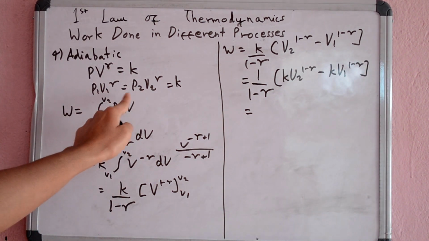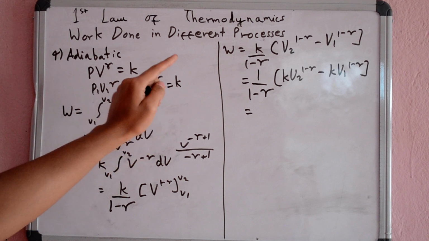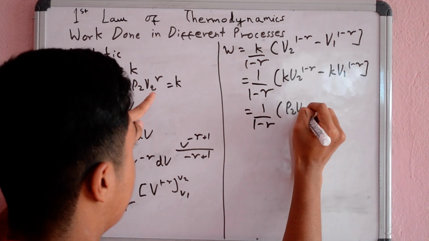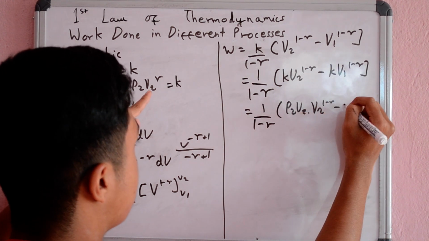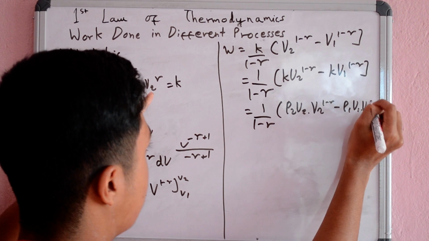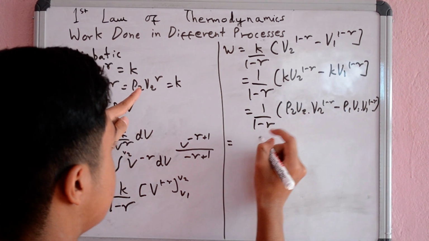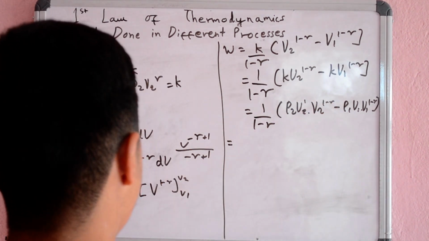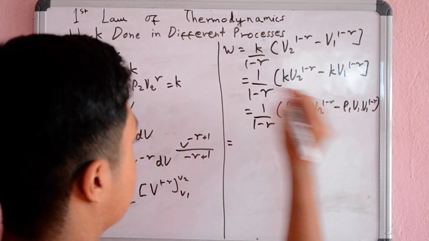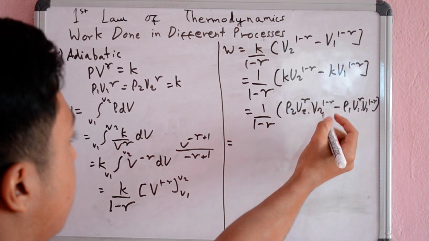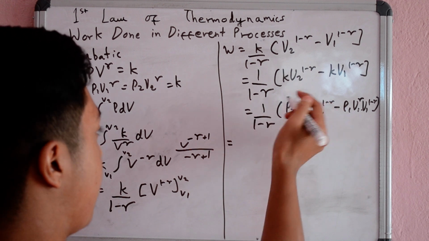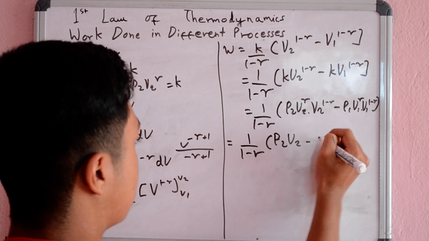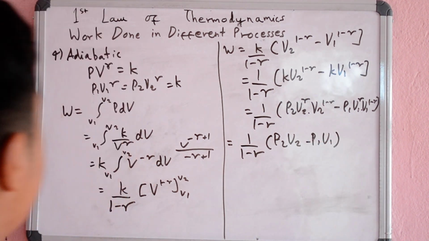Now we can use P1 V1 gamma equals P2 V2 gamma equals K. So let's use P2 V2 gamma into V2 to the power 1 minus gamma minus P1 V1 gamma into V1 to the power 1 minus gamma. So this just becomes V2 to the power of 1. So this is 1 over 1 minus gamma, times P2 V2 minus P1 V1. That is the work done in the adiabatic process.